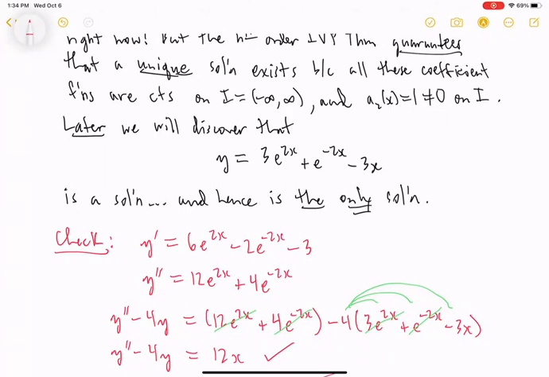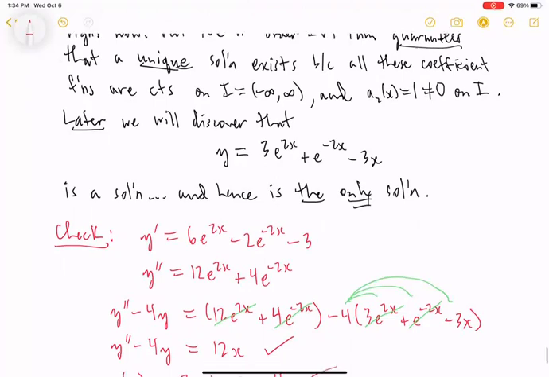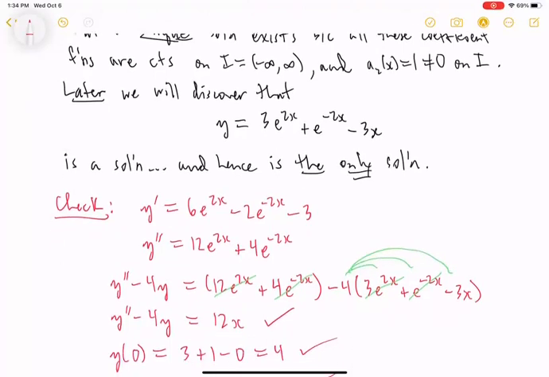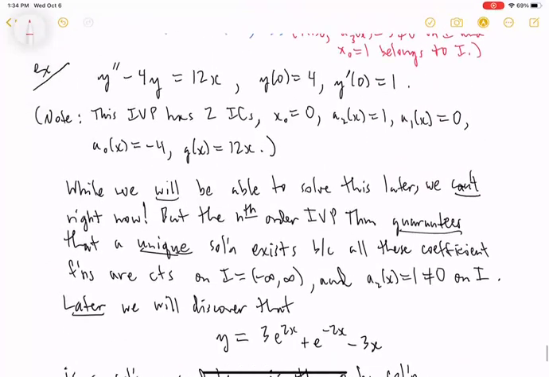What do we get if I plug in 0 for x? 3 plus 1 minus 0, which is 4. So y of 0 is 4. Is that what we wanted for the first initial condition? I think so. Yeah, y of 0 was 4.